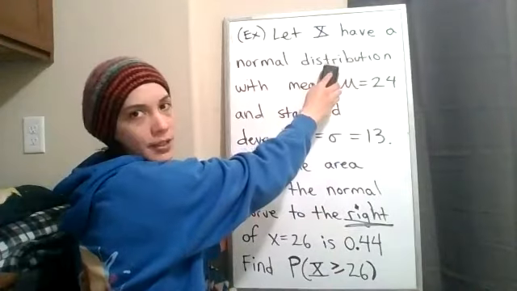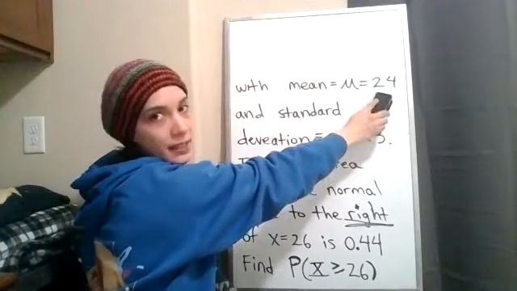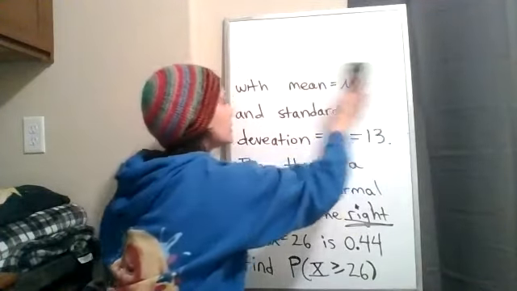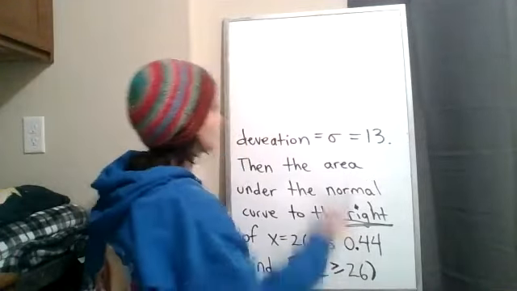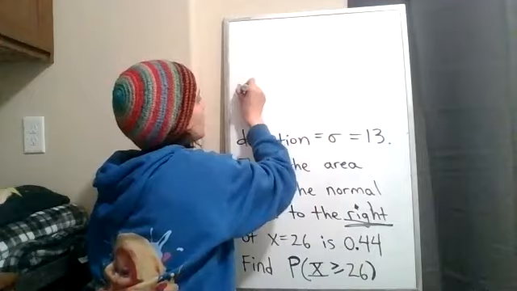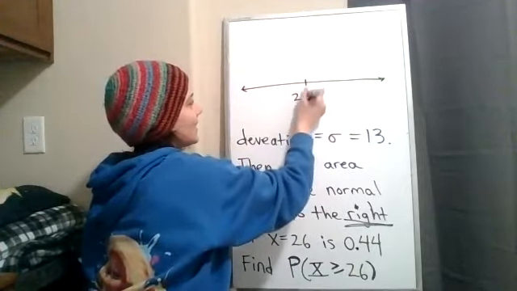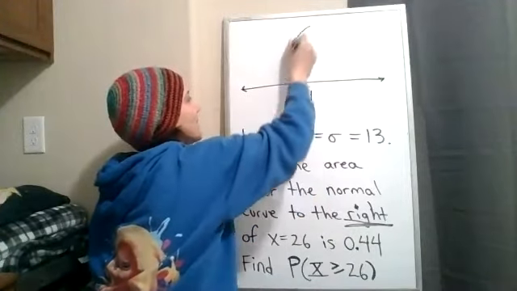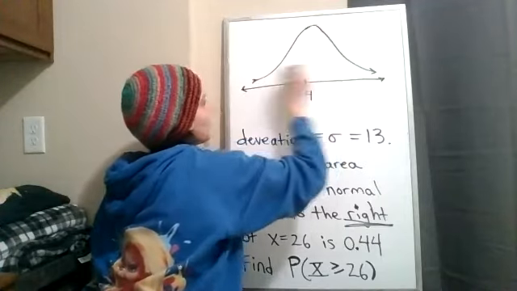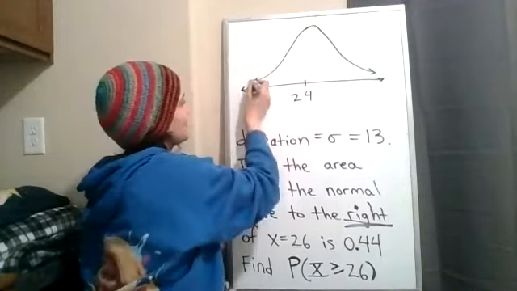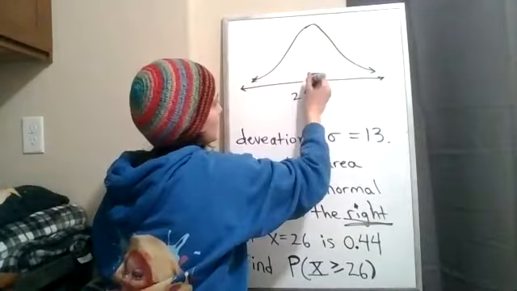So the normal distribution is a bell curve, and it's centered at the mean, 24. Let's make this the center right there.